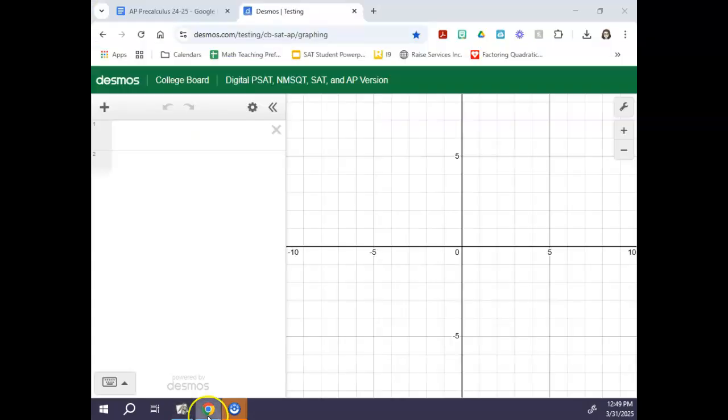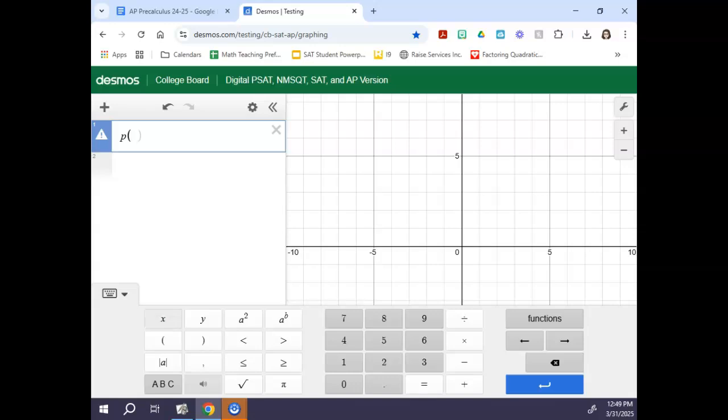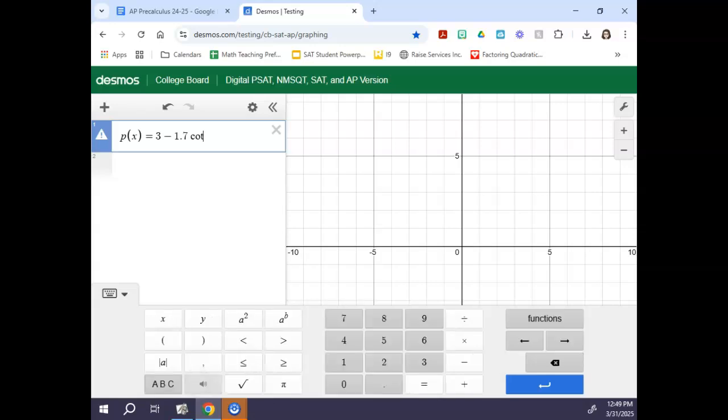So when we go to Desmos over here, we are going to type in P of X, literally exactly like it looks, which means I'm doing P, you can use your keyboard for all of this. P of X, you don't have to go to this fancy keyboard, equals, and then we have 3 minus 1.7. I don't have to go to any special menu to find cotangent. I can just use the keyboard and type in COT, and it will know what I'm talking about.